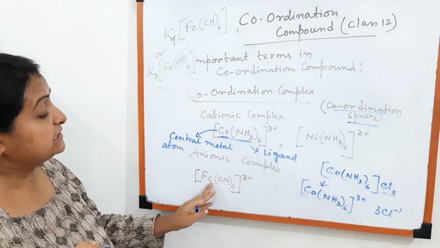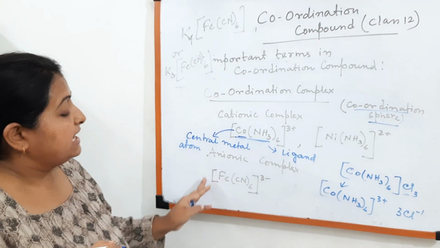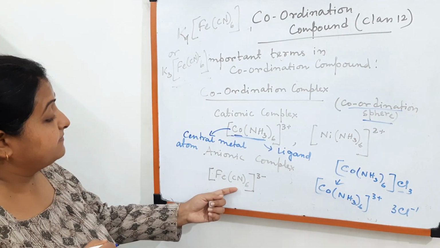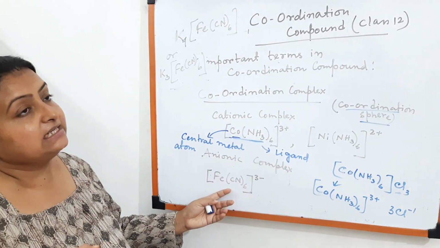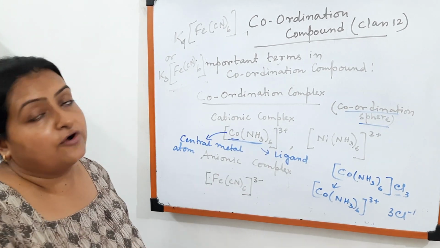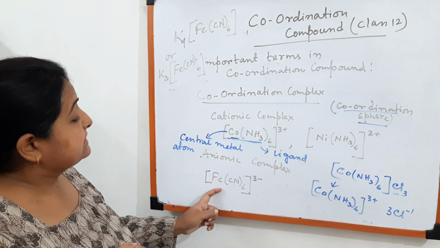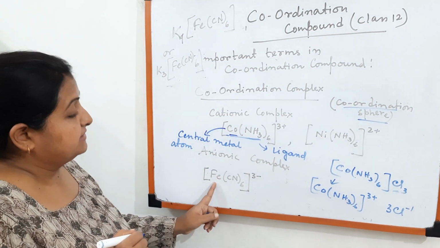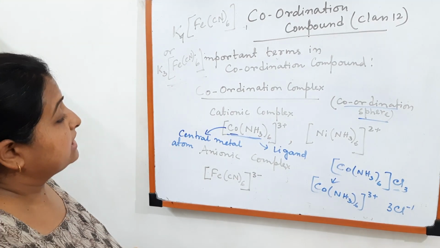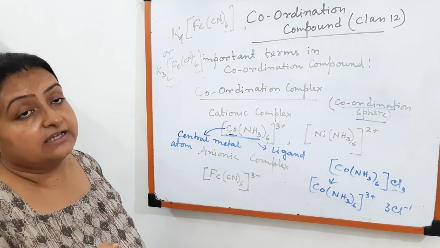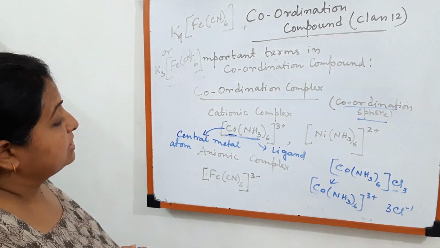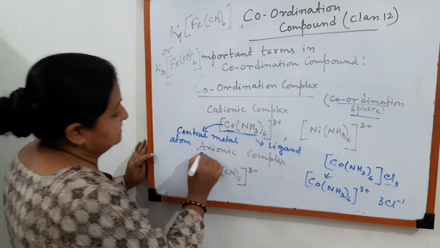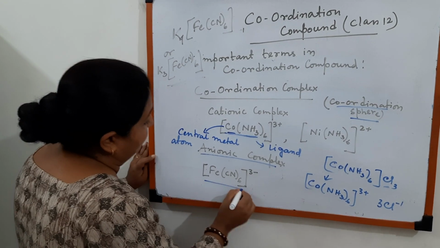The coordinate bond is present, always remember, within the third bracket part, the coordinate bonds are present, and the ligands basically donate the electron pair to form the coordinate bond with the central metal atom. And the central metal atom present here normally contains the variable oxidation numbers so that they can extend their valencies.